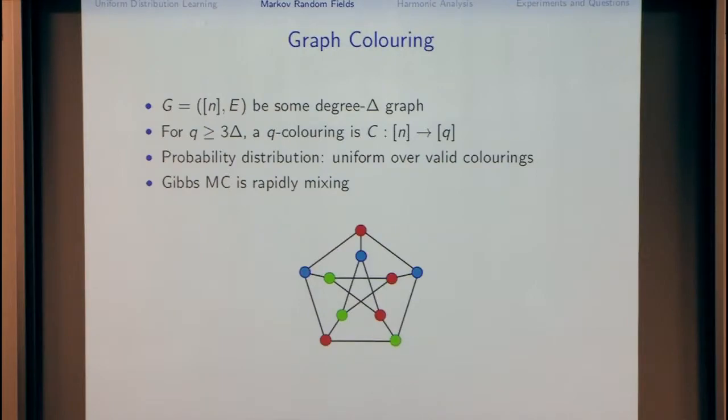A second example is graph coloring. Again, here you have a graph, and let's assume that the number of colors is much larger than the degree of the graph. The probability distribution is just the uniform distribution over all valid colorings of the graph. And again, in this case, the Gibbs Markov chain is rapidly mixing. So here are a couple of Markov random fields that some of you might be familiar with.